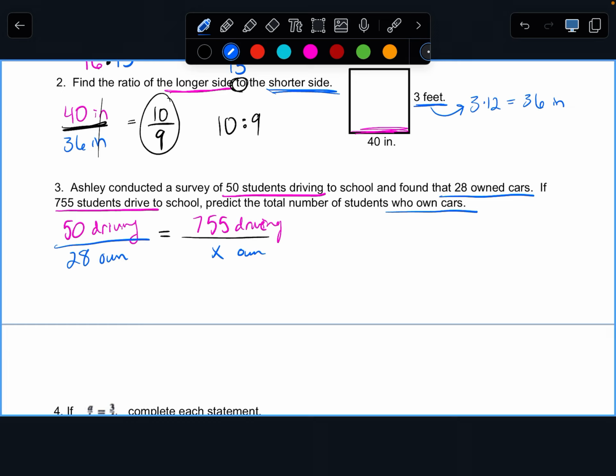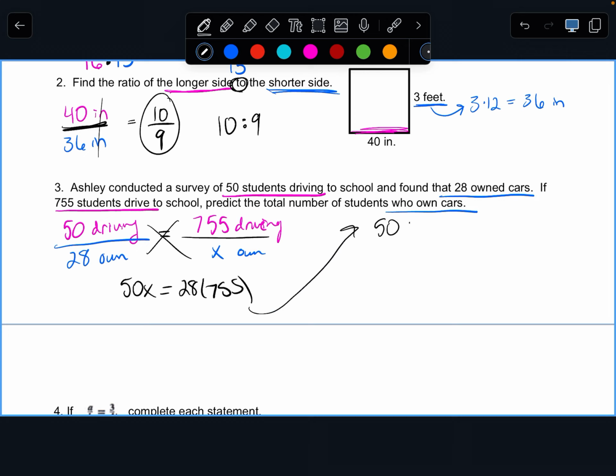Now you might be wondering, what about the units? The units end up canceling out. Your driving units will cancel out and you're left with owning units. So it will work out when you do the math. But all this is just cross multiplying. So you're going 50x equals 28 times 755.